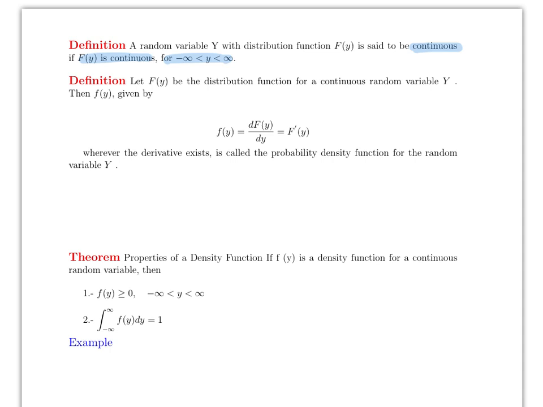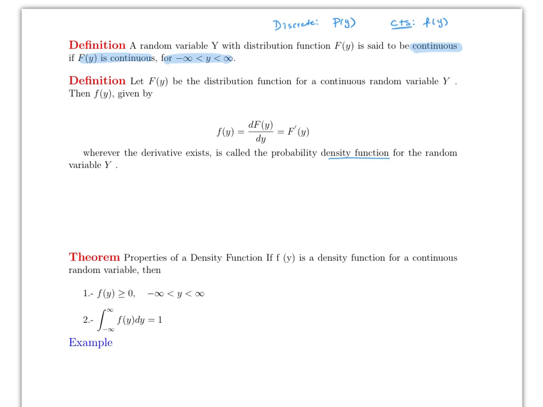In the discrete case, we used p of y to find the probabilities. We also call it a mass function or the probability distribution. In the continuous case, which I'm going to abbreviate as CTS for continuous, we're going to use f of y, and it's going to be called a density function.